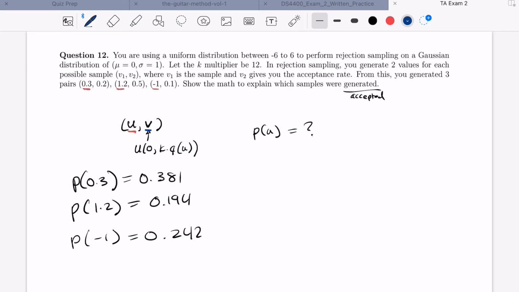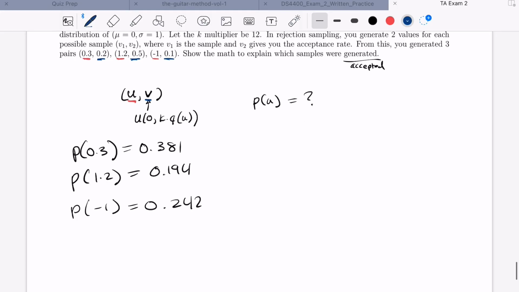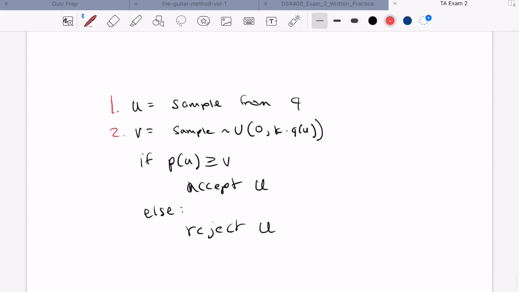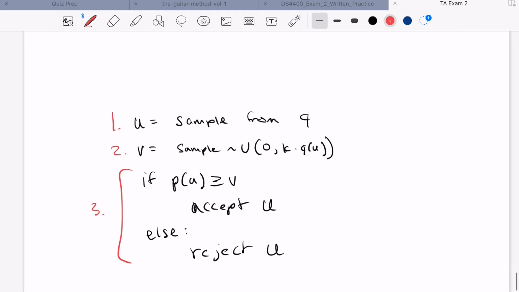That's this V right here: 0.2, 0.5, and 0.1. And the third step is these components right here. So let's tackle step 3.